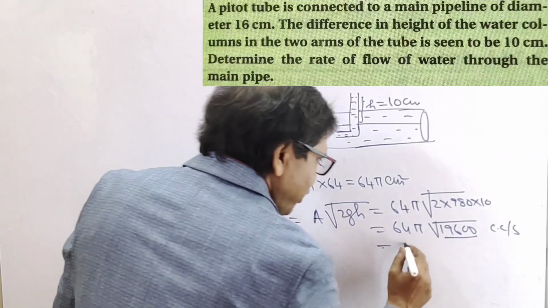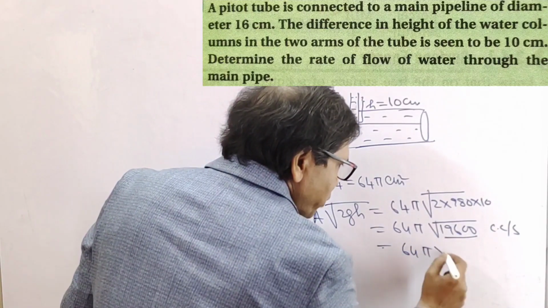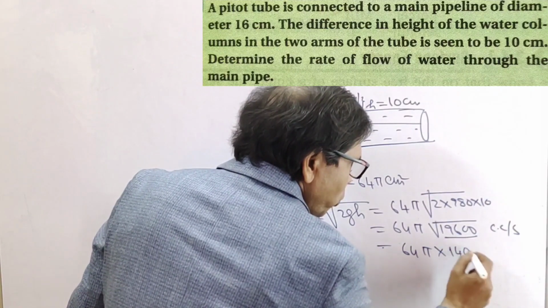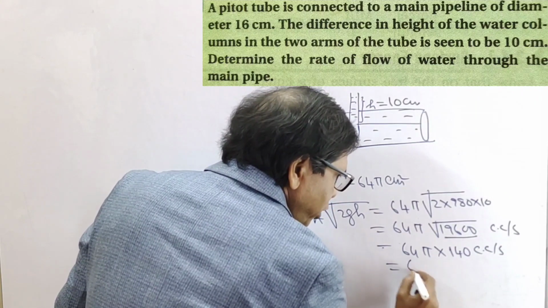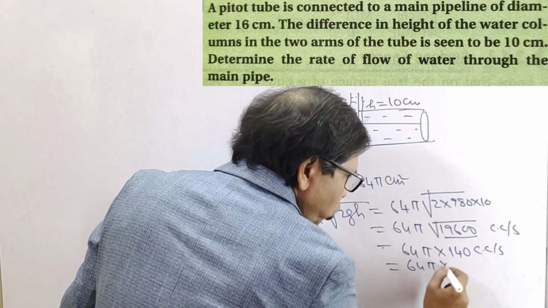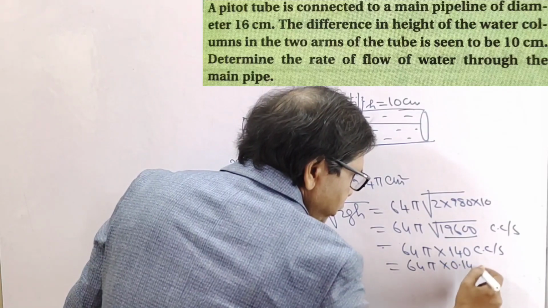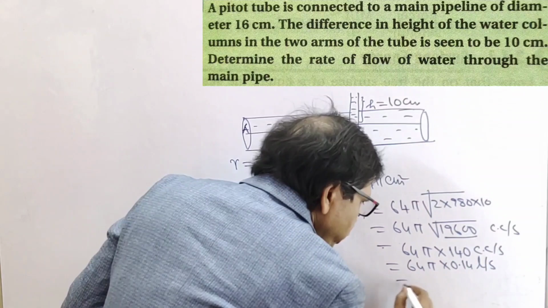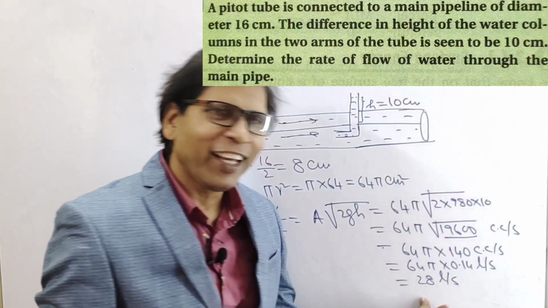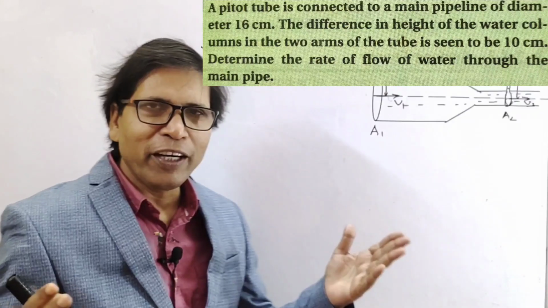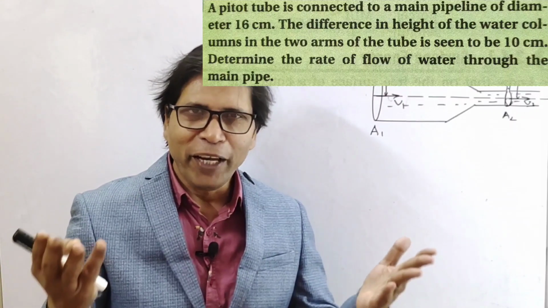So this is 64 pi and this is 140, cc per second. So this can be written as 64 pi into 0.14 liter per second, this is 28 liter per second. Okay, understood? Next, now venturimeter.